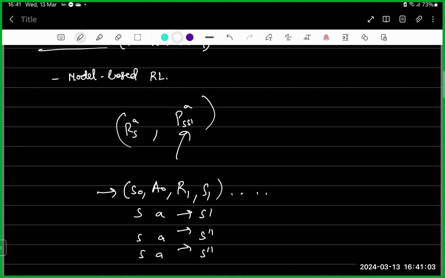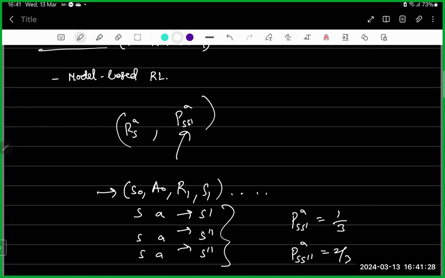Based on this, we can predict P(s'|s,a). With probability 1 by 3 it will be S dash, and S double dash will be 2 by 3, based on this sample data.